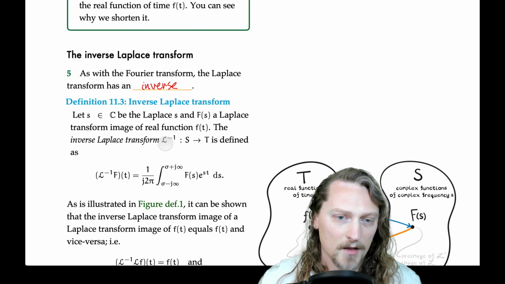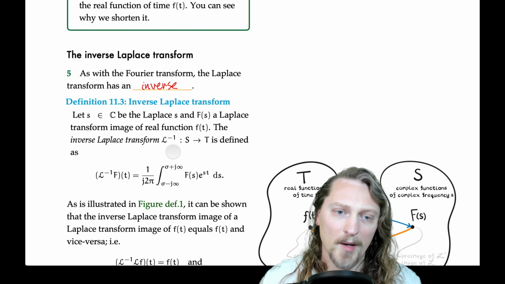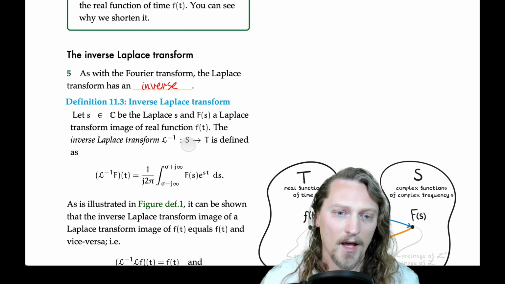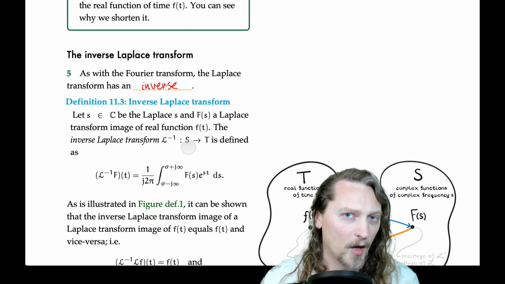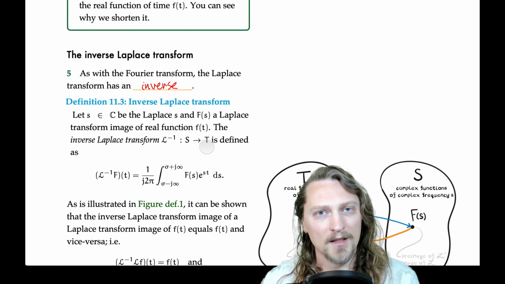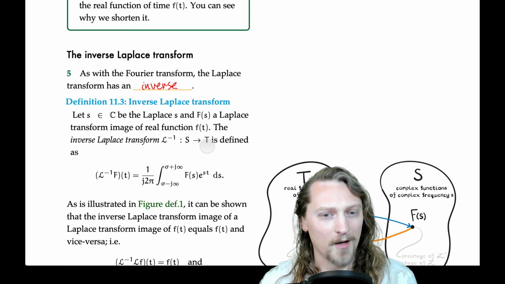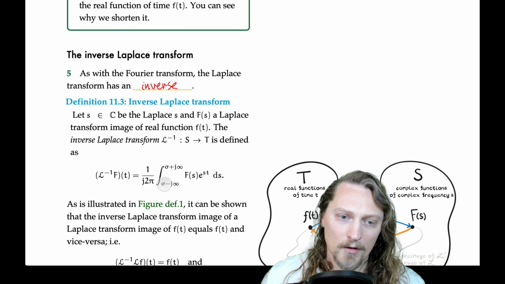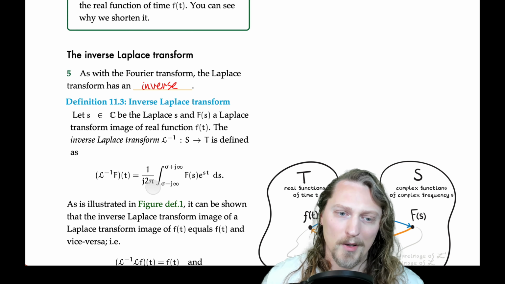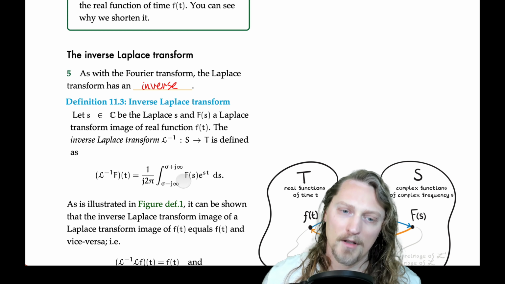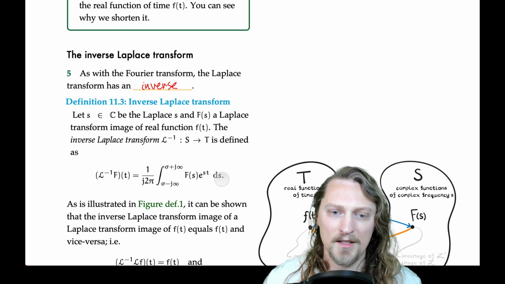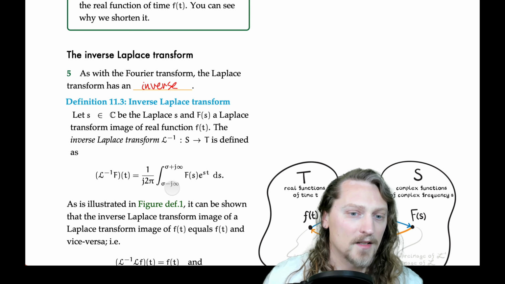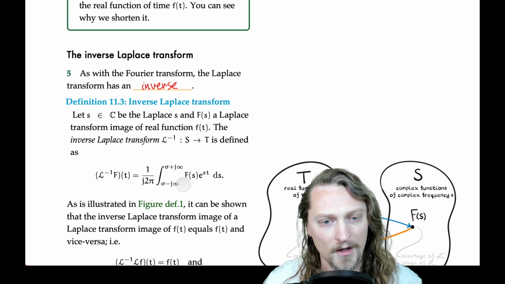The inverse Laplace transform, denoted L to the minus 1, is a map from S to T, S being the space of complex functions on the S-plane, T being the space of real functions of time. This inverse Laplace transform is defined as this integral, okay? 1 over j2 pi, integral of F of s e to the st ds. We evaluate that integral from sigma minus j infinity to sigma plus j infinity.